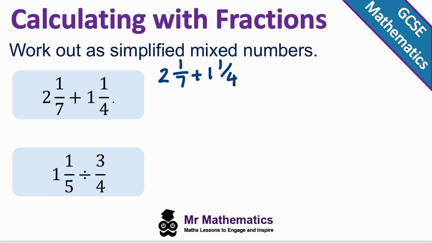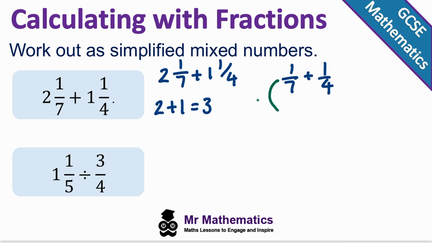So to add these 2 together, because the 1/7 add the 1/4 doesn't go over 1, it's easiest to add the integers together, and this will give us 3. And then to add the fractions together, we need a common denominator.